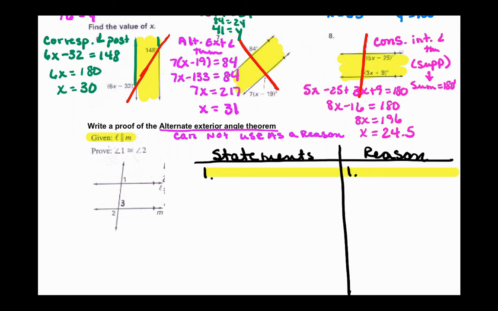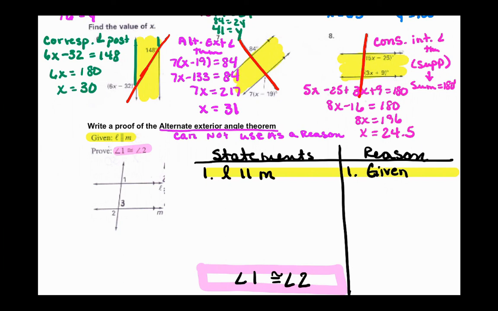So we have been given that for this picture, line L is parallel to line M. So that is true information for this picture. And then we are also told what we're trying to prove. And remember that what we're trying to prove should always be our last statement.